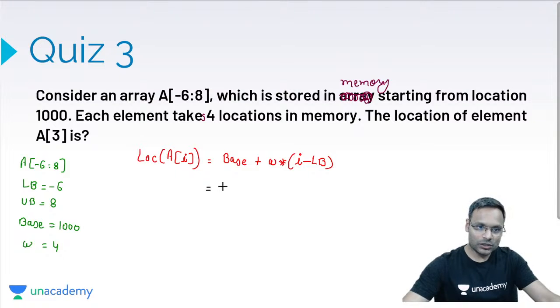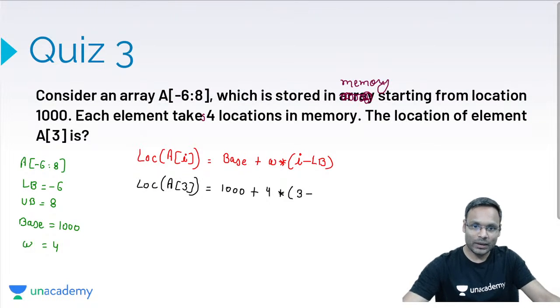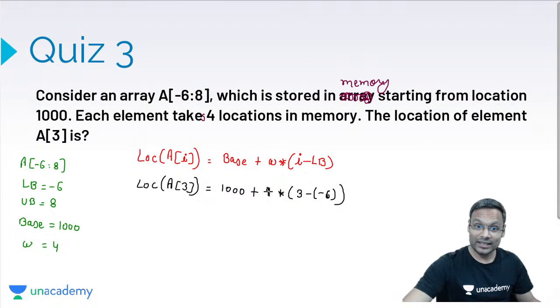Get the values. Base is 1000 plus W क्या है? How many locations? 4 each element plus I. What location of which element I'll have to find? For A of 3 is asked. 3 minus lower bound is minus 6. 3 minus minus 6, which is 3 plus 6, 9. 9 into 4, 36. 1036 is the correct answer.